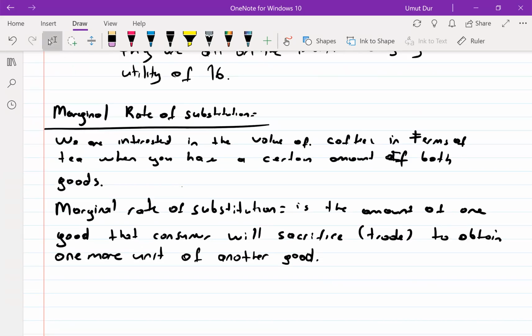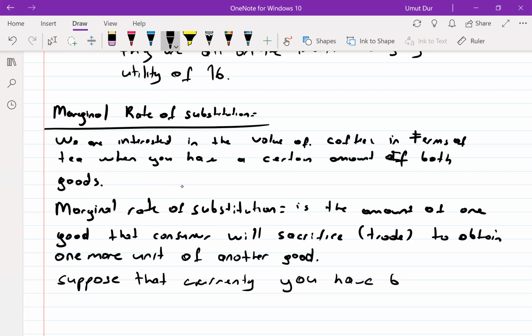For example, suppose that currently you have bundle 3 and 4.